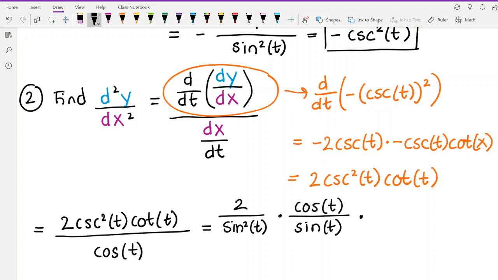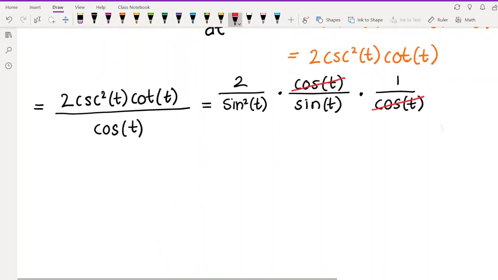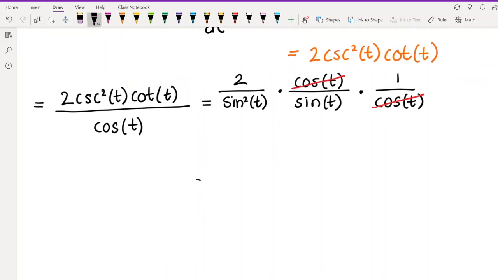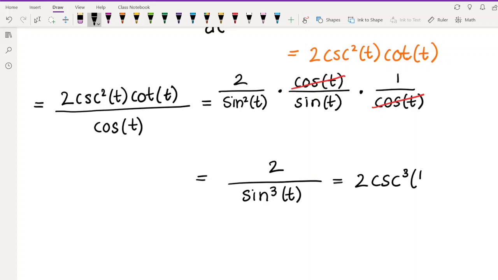And then if we're dividing by cosine of t, that's the same as multiplying by 1 over cosine of t. And so this plays out pretty similarly to the last one. The cosines are going to cancel out, and so we're left with 2 over sine cubed of t. And so another way to write this would be 2 times cosecant cubed of t.